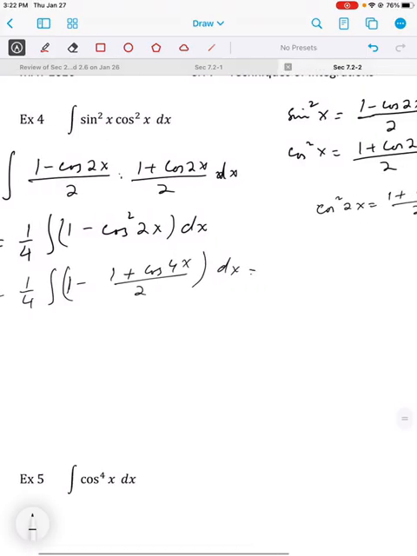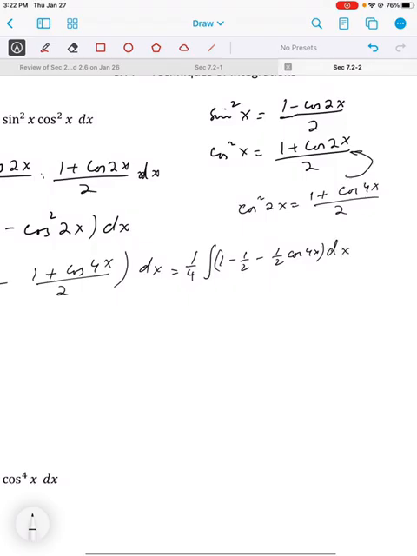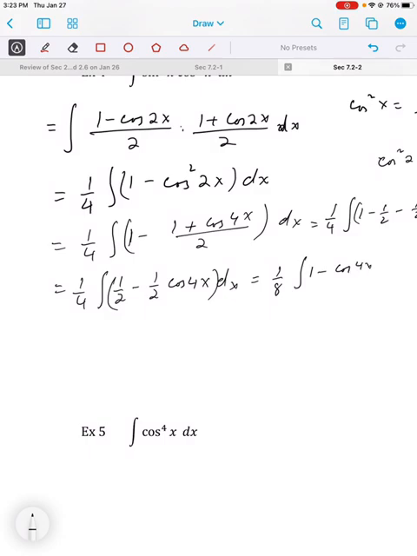So I'm going to get 1 over 4 integral of 1 minus 1/2 minus 1/2 cosine of 4x dx, or 1 over 4 times 1/2 minus 1/2 cosine of 4x dx. So we can integrate here, or we can pull out the 1/2 so that it becomes 1/8 times 1 minus cosine of 4x dx.